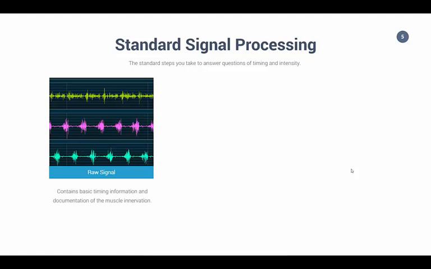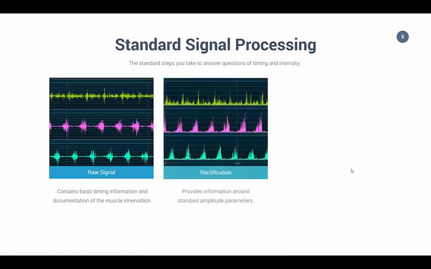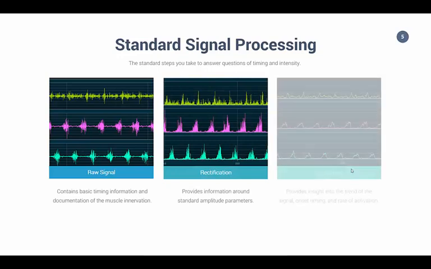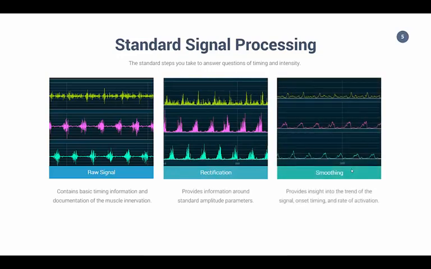But if quantitative amplitude analysis is of interest, then specific signal processing steps should be applied. These basic signal processing procedures, such as rectification, smoothing, and other filtering options, allow you to answer the most basic EMG questions, which we will discuss here shortly.